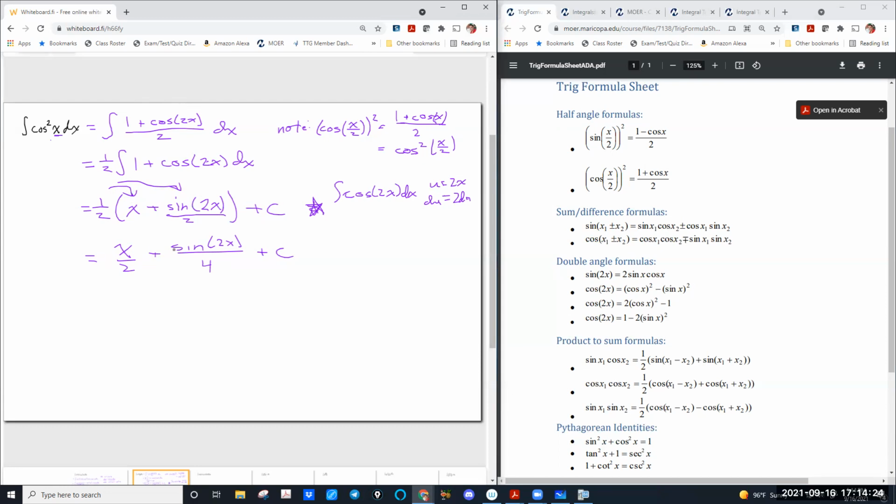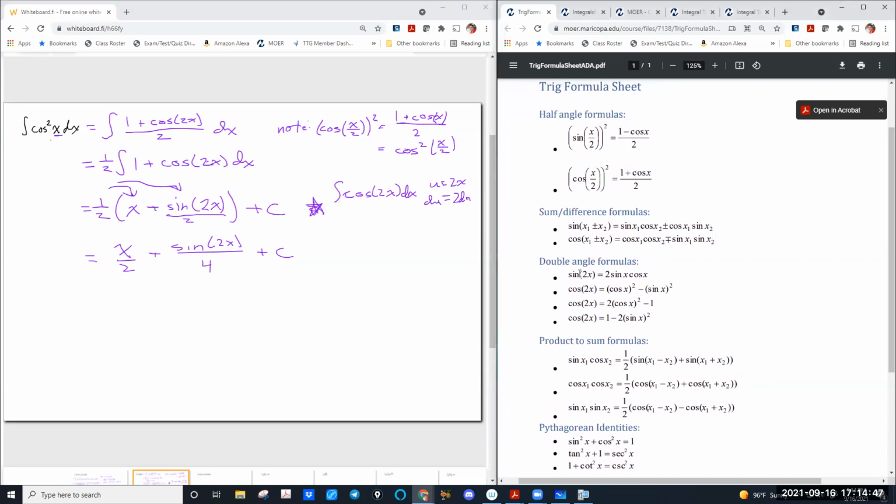Now, one thing I want to mention, this answer is in terms of 2x because of the substitution we made. If you want to get everything back in terms of x, you can. You just use a double angle identity. I'm not requiring that, but I just want to let you know that you can. So we use this double angle identity right here, that sine of 2x is equal to 2 sine x cosine x.